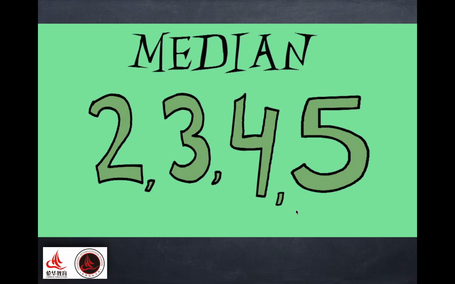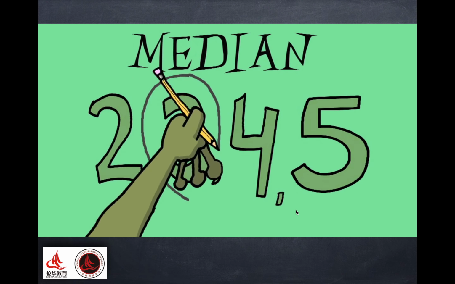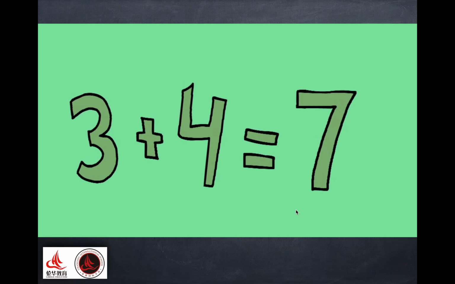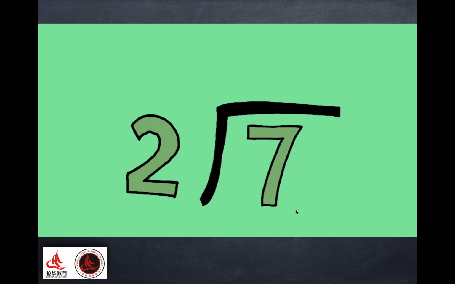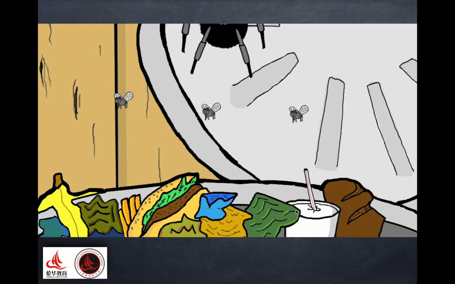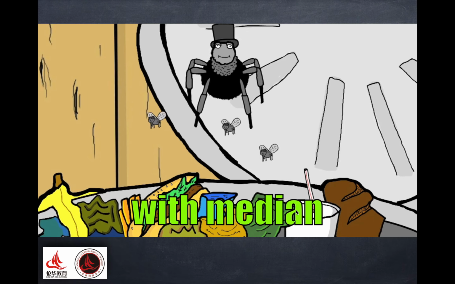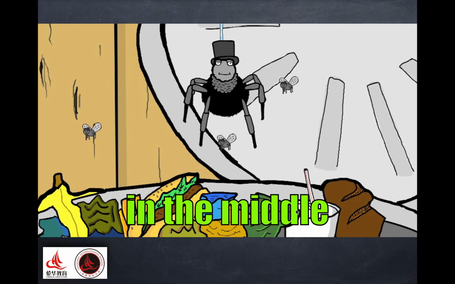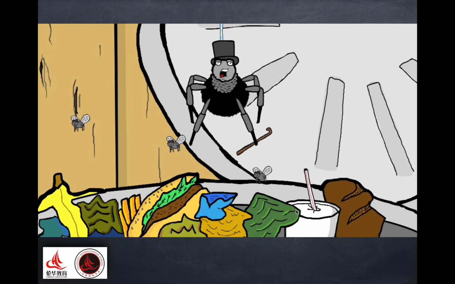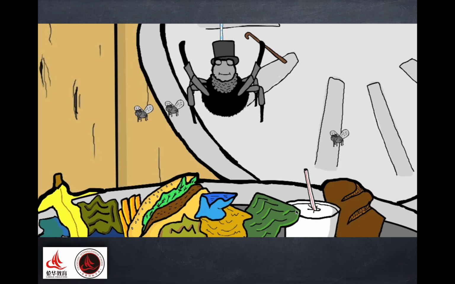Circle the two numbers in the middle. Then, add those two numbers together and divide them by 2. Median. Circle the number in the middle. Add and divide by 2. In the middle. Oh, yeah.